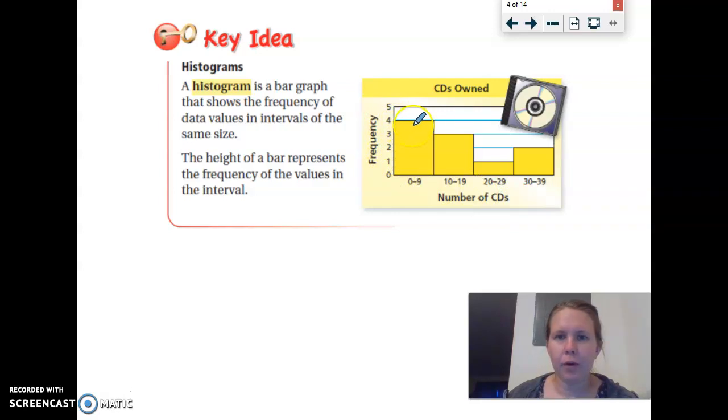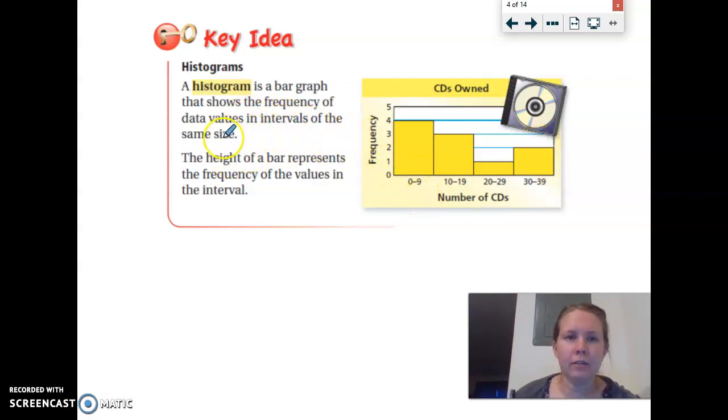So 4 people own between 0 and 9 CDs, 3 people own between 10 and 19 CDs, 1 person owns between 20 and 29, and 2 people own between 30 and 39 CDs. I don't know anyone who still collects CDs, but maybe your parents have a whole bunch of CDs around. Sometimes you find some cool music. So that's what they mean by those intervals.